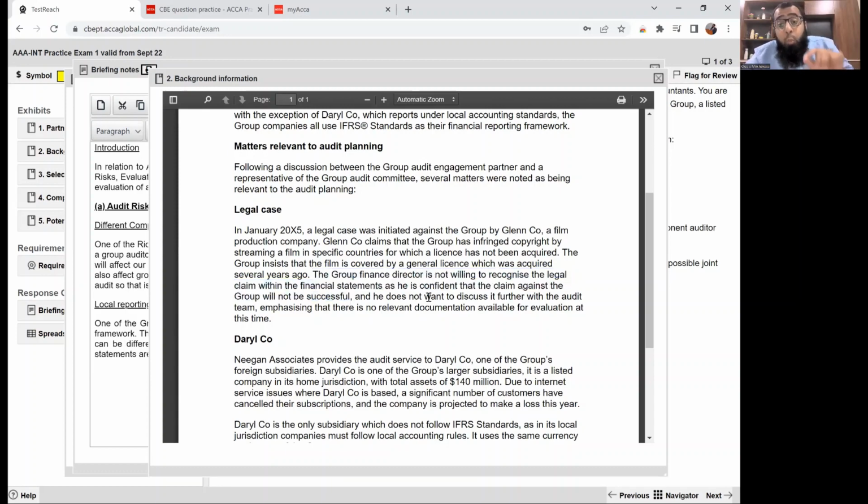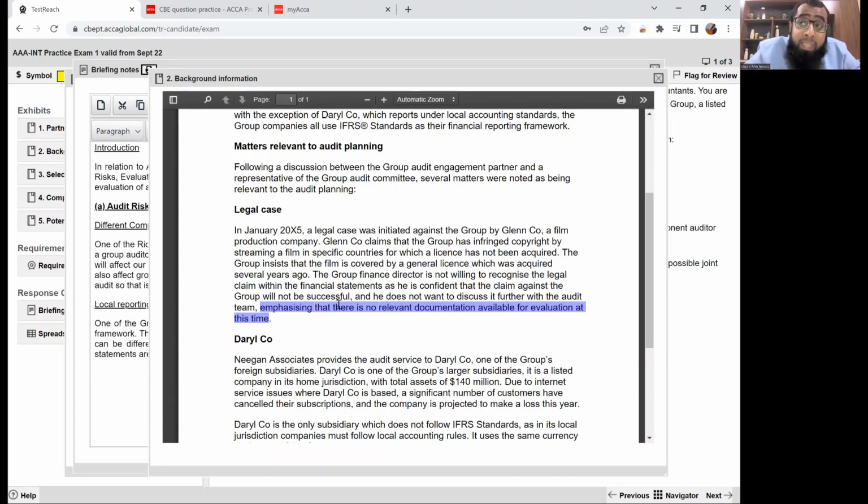And he does not want to discuss it further with the audit team, emphasizing that there is no relevant documentation available for evaluation at this time. Now, since there is a legal case initiated against us, it creates a present obligation. The chances of outflow need to be evaluated by the legal team, not by the finance director. And the approach of the finance director of not discussing the issue is not good.